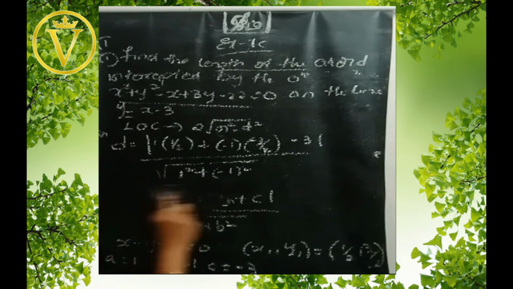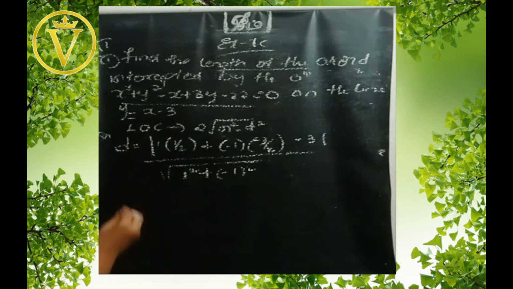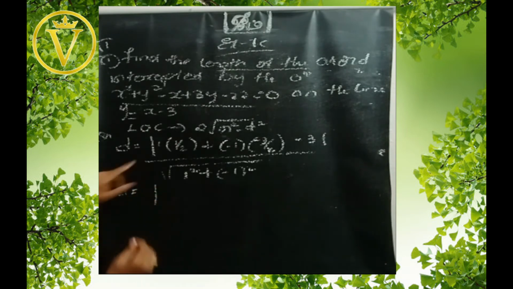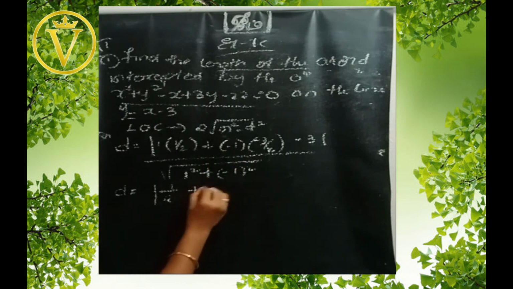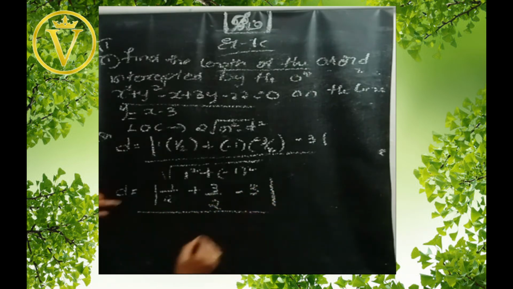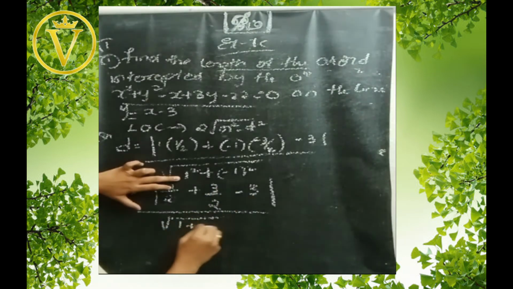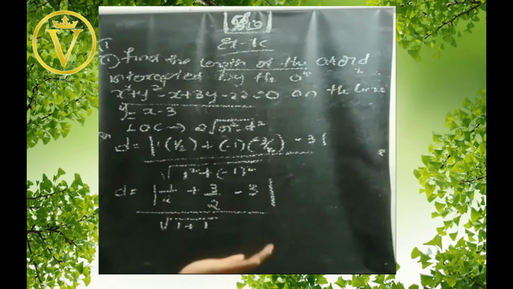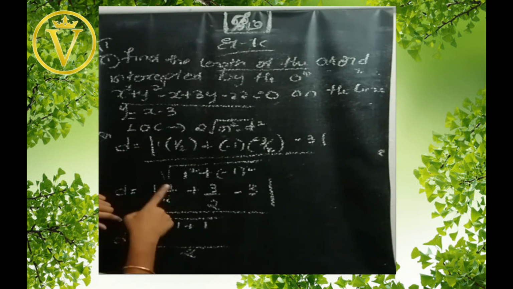Now we have to simplify and find out the d value. d equals mod of 1 into 1 by 2, 1 by 2, minus into minus plus 3 by 2, minus 3 by root of 1 square is 1, minus 1 whole square is 1. Minus 1 into minus 1 also is minus 1 only. Now take the LCM here, 2. That means 2 is the LCM.